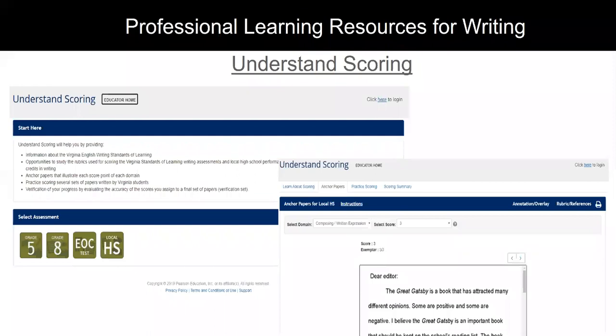And for years, that was driven only by writing testing. But because of changes made to the local high school verified credit plan for writing, we have lots of different modes of writing available in Understand Scoring that you can print off and use with teachers to practice scoring, to look at writing samples and say, this is a 1 and here's why, this is a 2 and here's why.